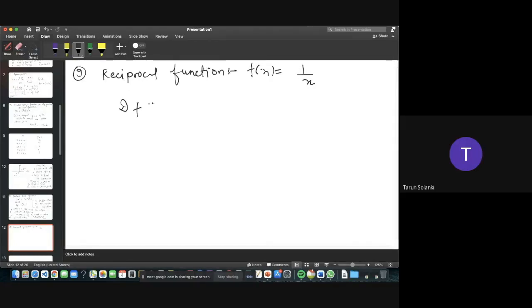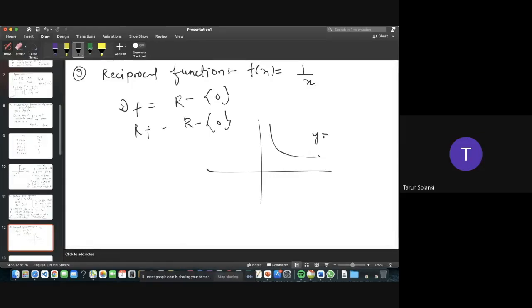So here the domain is R excluding 0, and the range of this function will also be R excluding 0, right? So the graph will be like this. This is for y equals 1 by x. Similarly, here y is equal to 1 by x.